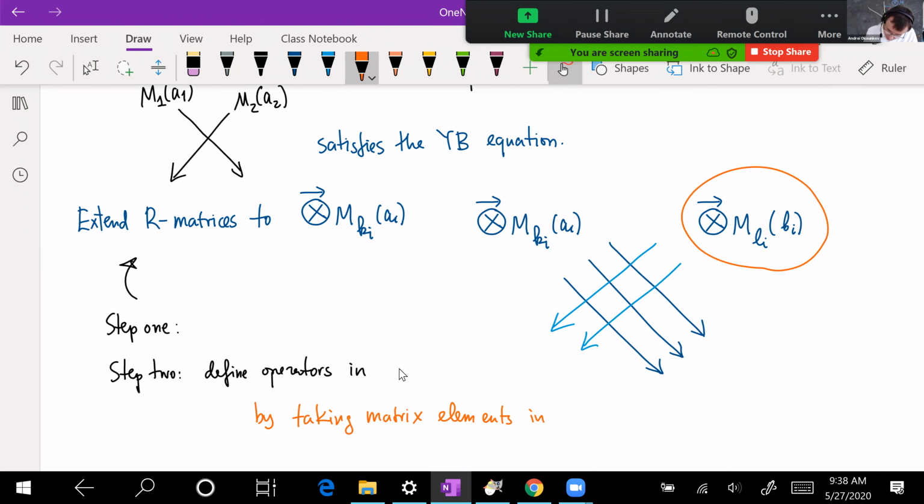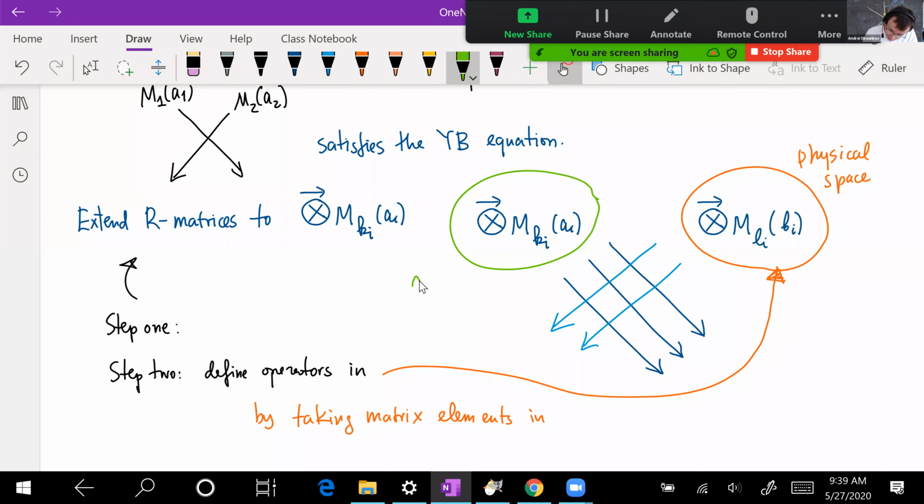So this is the space where we would like to act. This is maybe the physical space, what people call it, and this you designate, you call the auxiliary space.